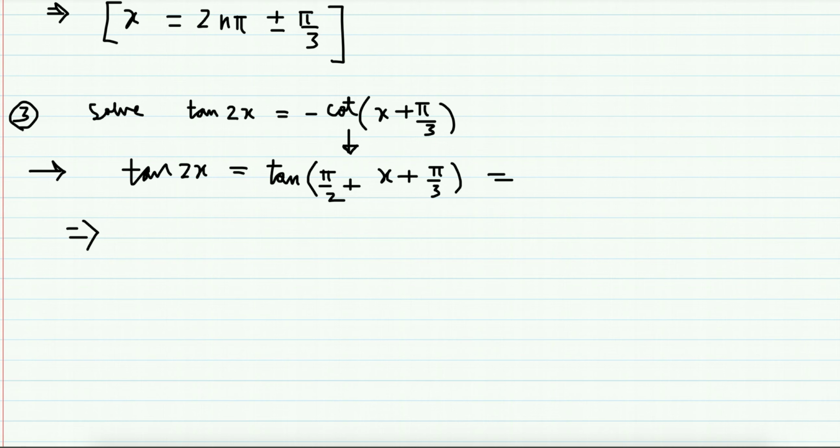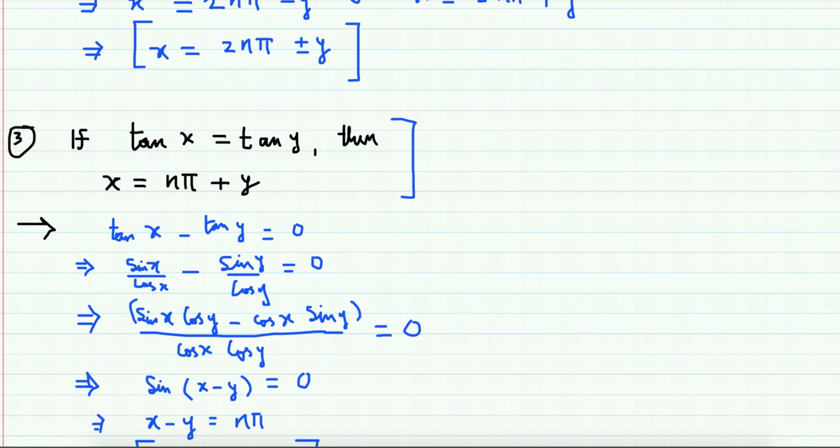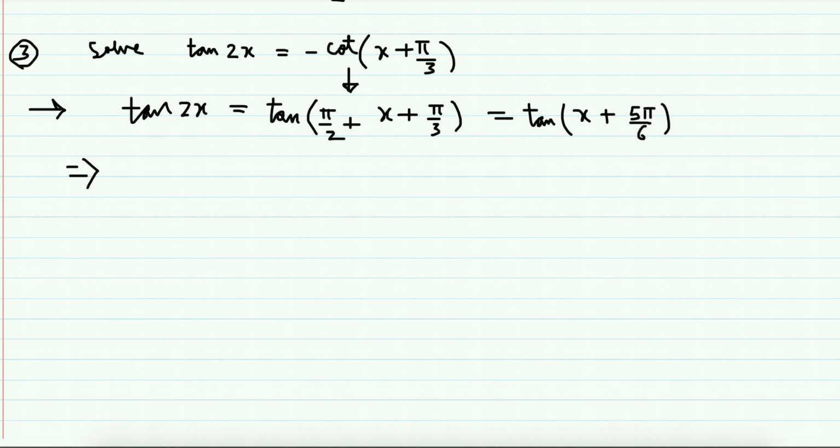Or we can simplify this further. So tan x plus 3 times 2 is 6 and 3 plus 2 is 5, so 5 pi by 6. Now we can use this formula: if tan x is equal to tan y, then x is equal to n pi plus y.